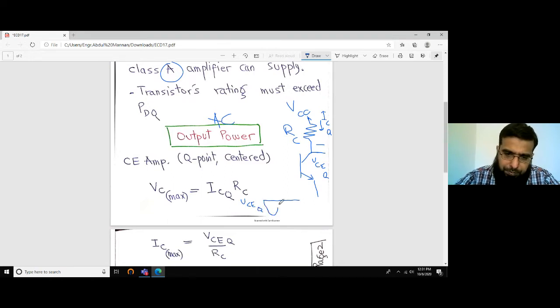So what is the maximum voltage that this swing can reach? Of course, this is VCC. The supplied voltage is the max swing that it can reach.